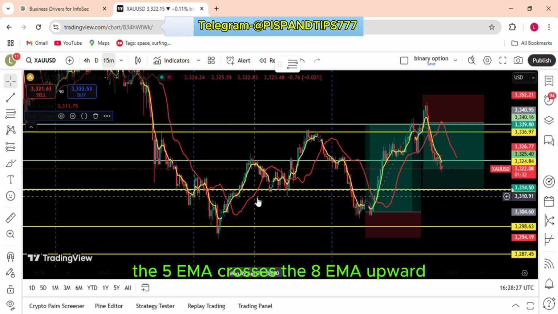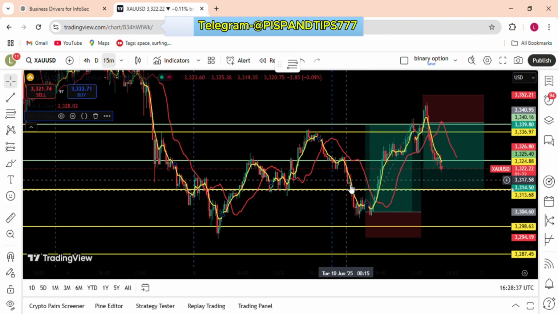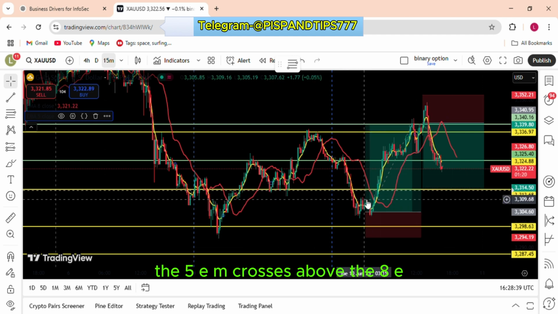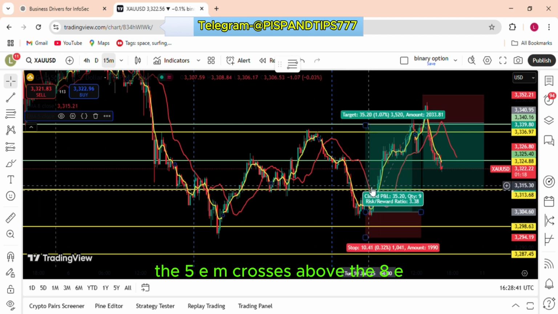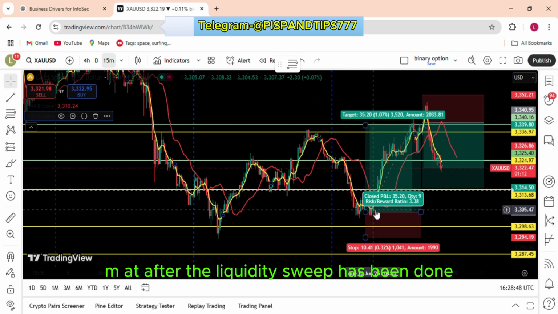The 5 EMA crosses the 8 EMA upward. We take that as a strong buy signal, something like this. The 5 EMA crosses above the 8 EMA after the liquidity sweep has been done.